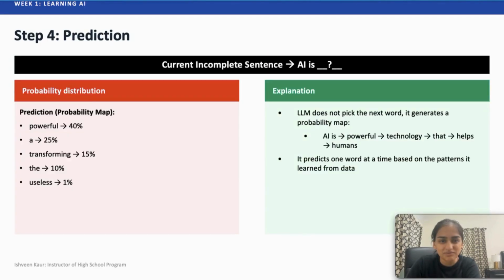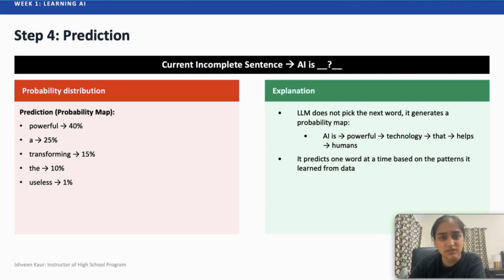Okay, now we've tokenized your input, we've embedded it into numbers, and we've run it through the transformer model with a multi-attention head mechanism. But what happens next? How does it generate text? So in this example, we have a sentence that says "AI is blank." And then the model generates a probability distribution of what word should be next.